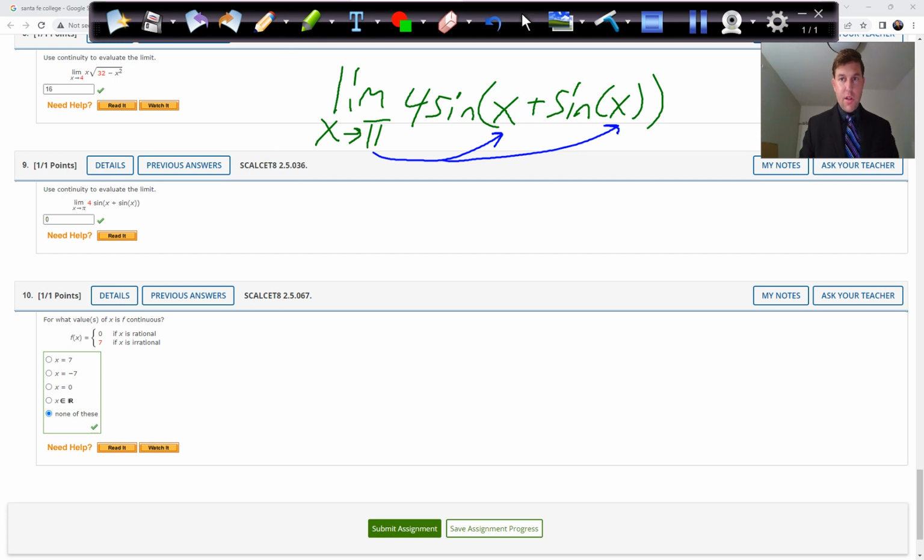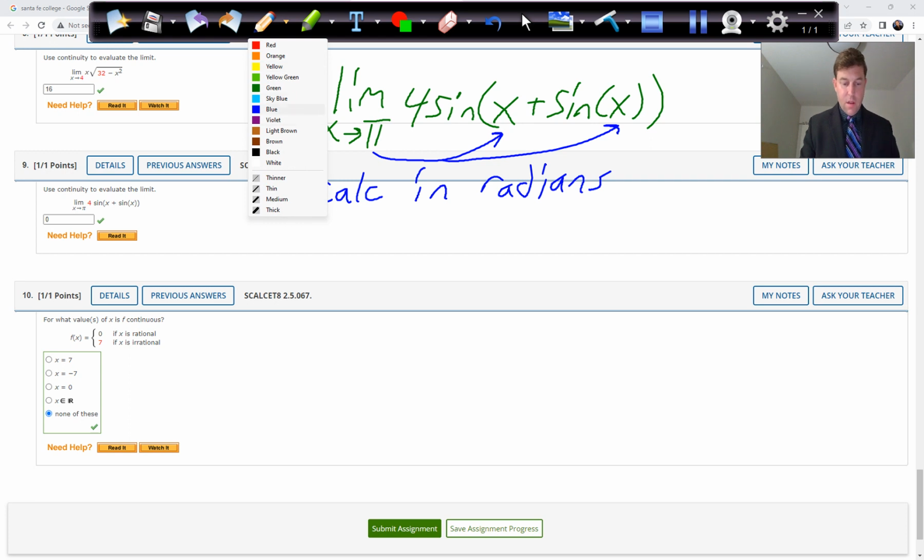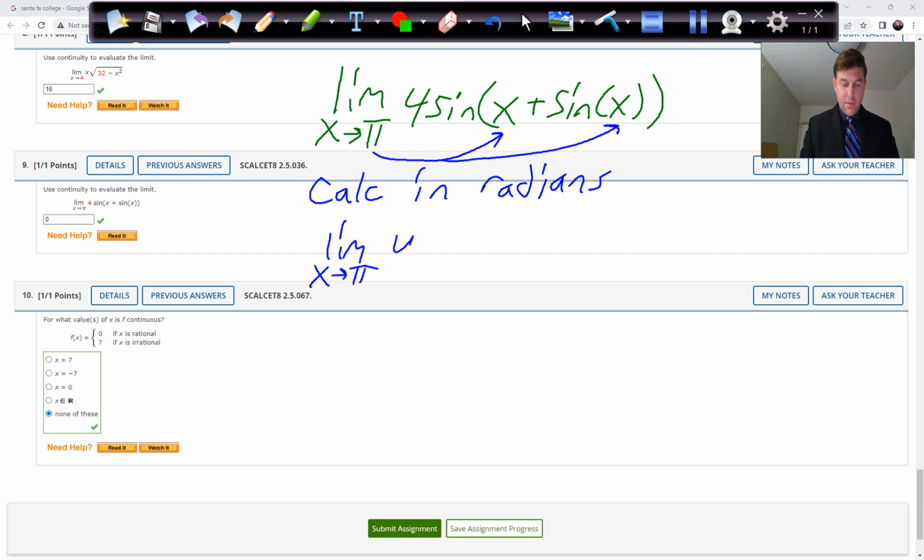And you're going to make sure your calculator is in radians. Or you might just know, or unit circles, how I would have done it, that the limit as x approaches pi of 4 times the sine of that x is now a pi, plus sine that x is now a pi.